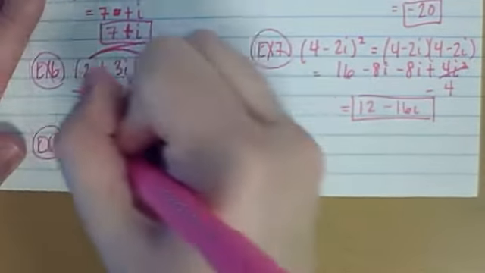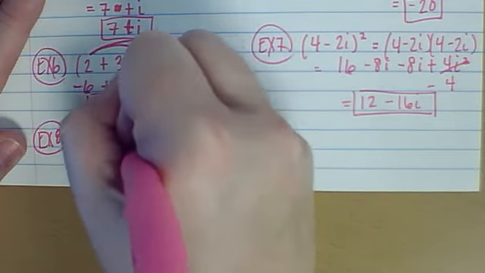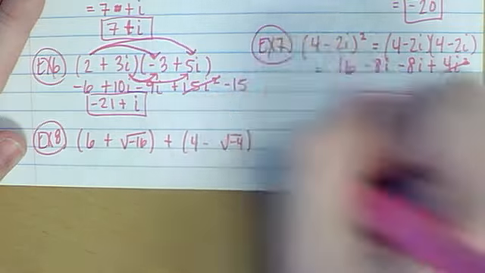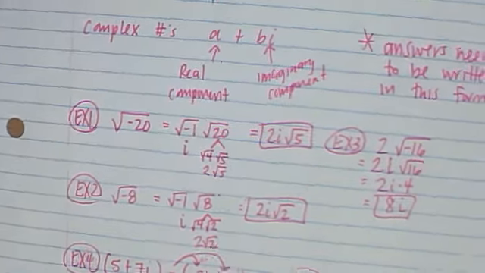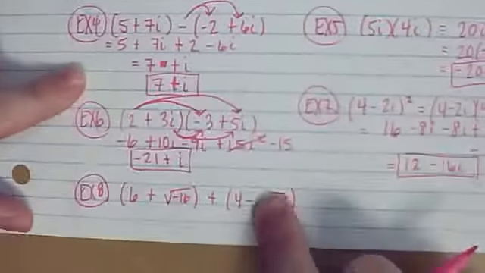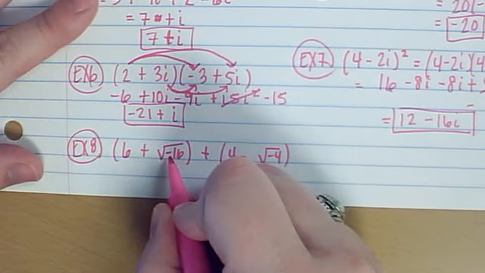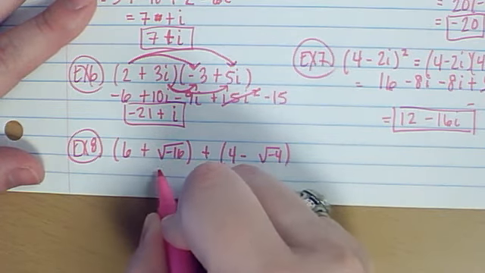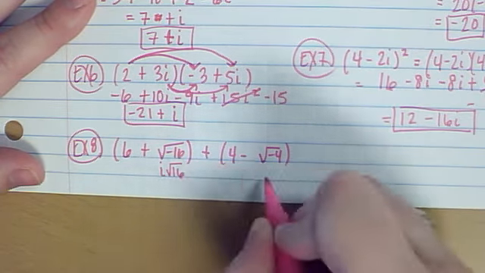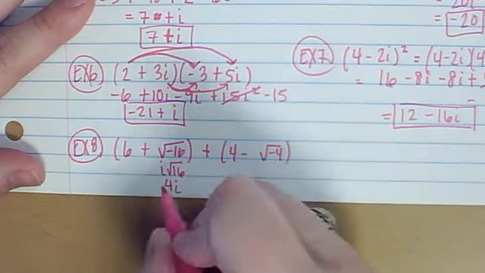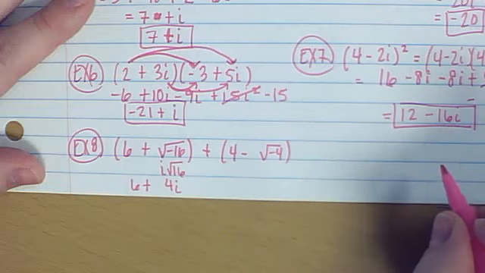Last example. This is like combining our first 3 examples with example 4. So here, this becomes i square root of 16, and square root of 16 is 4, so this is 4i. So I have 6 plus 4i.